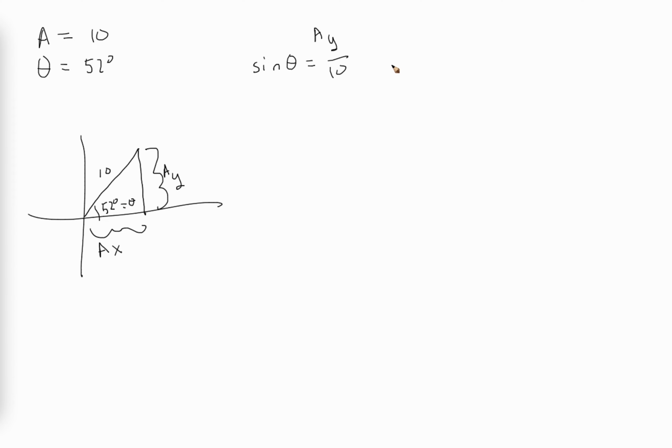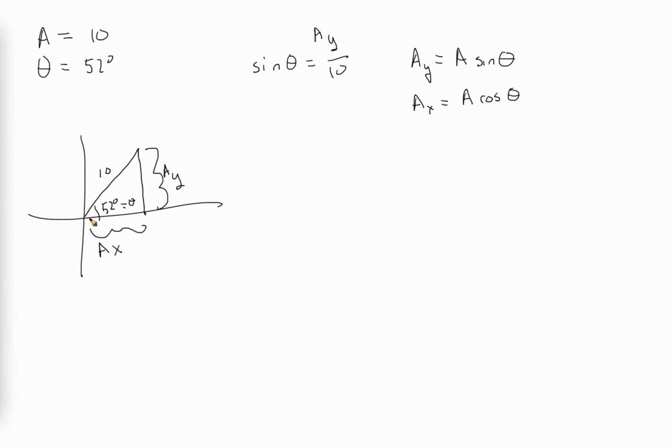So what we can write is that a sub y is equal to 10, which is the length of A, times the sine of theta. And similarly, we can write down that a sub x is going to be the length A times the cosine of theta. So this one is the adjacent over the hypotenuse: a sub x over 10 is equal to cosine of 52, and then multiply through by 10. So this is how we go if we want to go from length and angle to components.